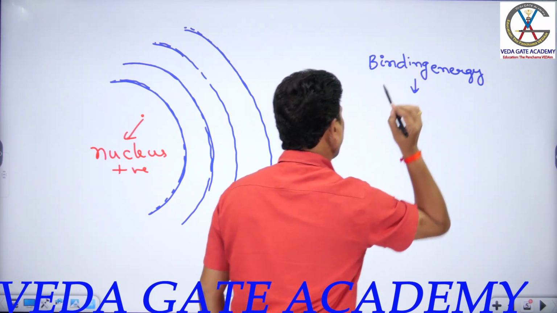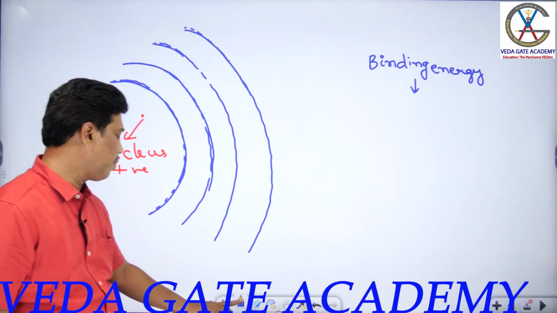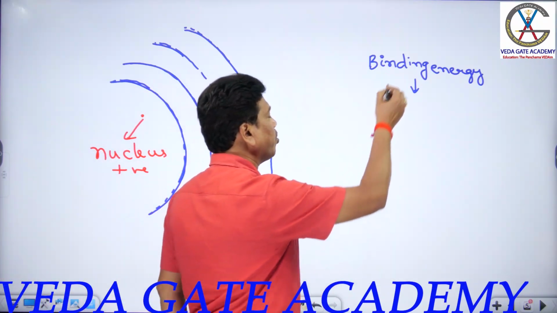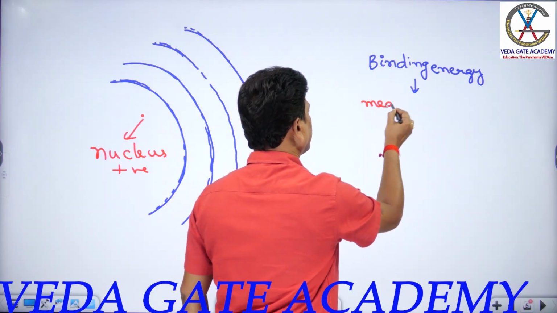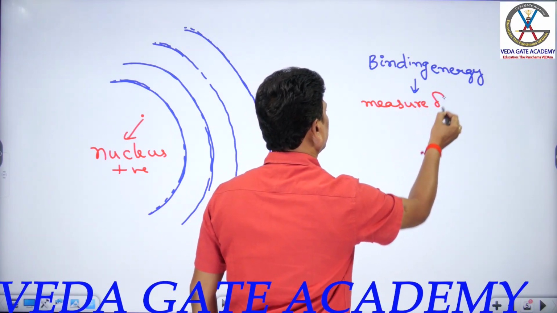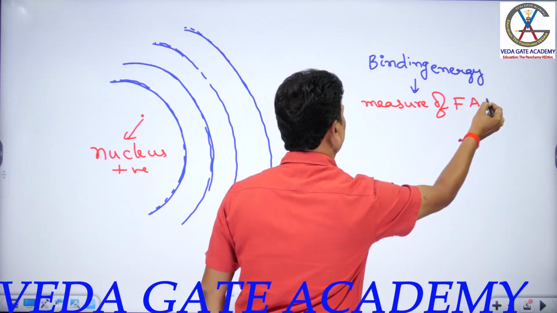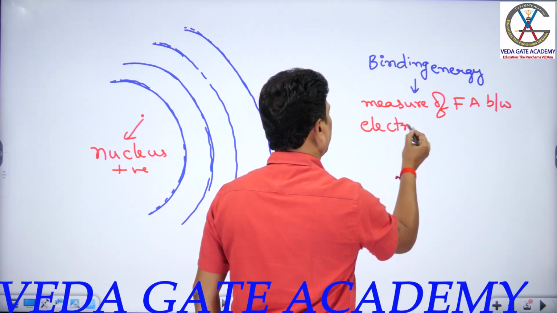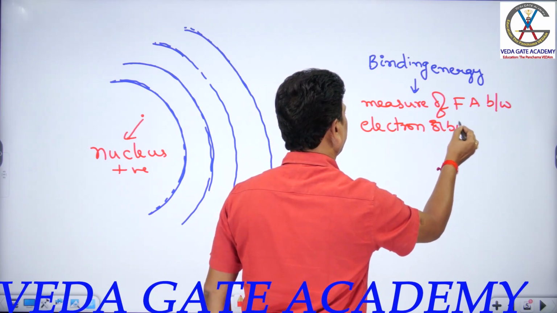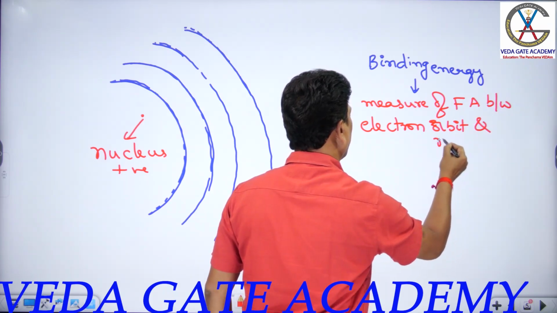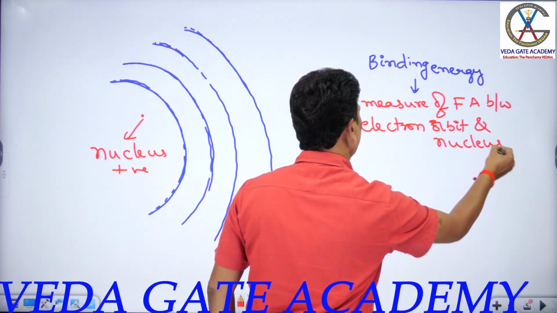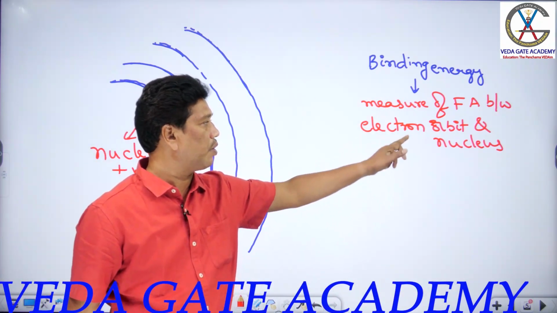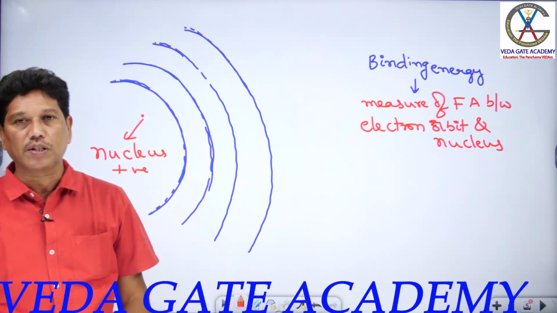It is a measure of force of attraction between the electron orbit and the nucleus. That is called binding energy.